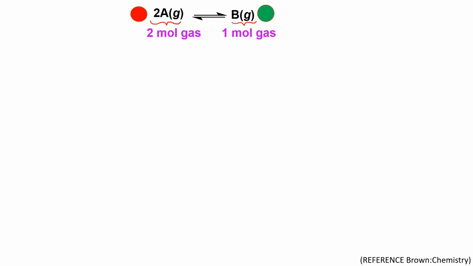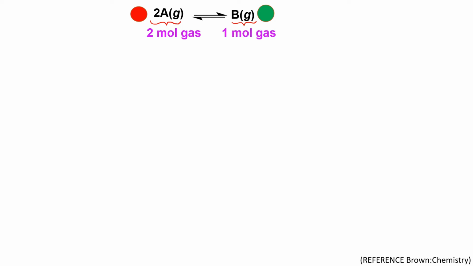Alright class, now we are using one example to explain pressure increase and pressure decrease. Okay, now I give you this equation: 2A gas in equilibrium with B gas. The red color is A and the green color is B. On the reactant side the total is 2 moles, and on the product side it is 1 mole.